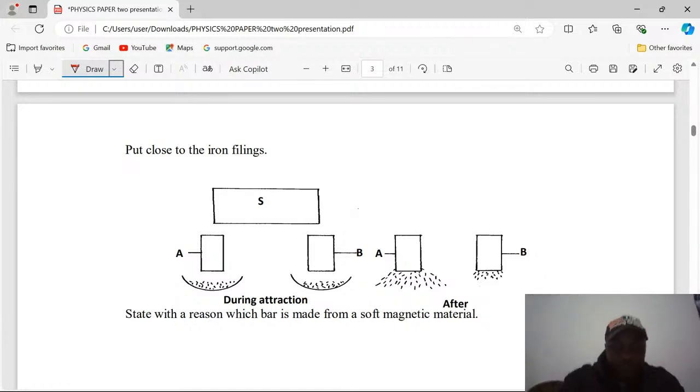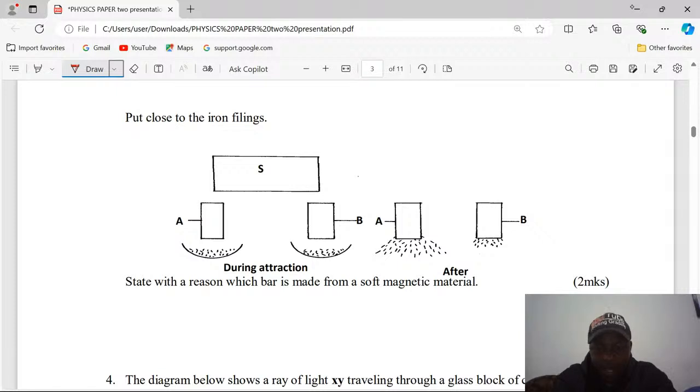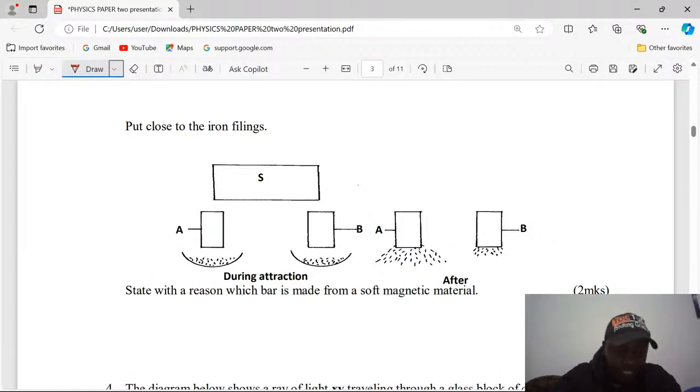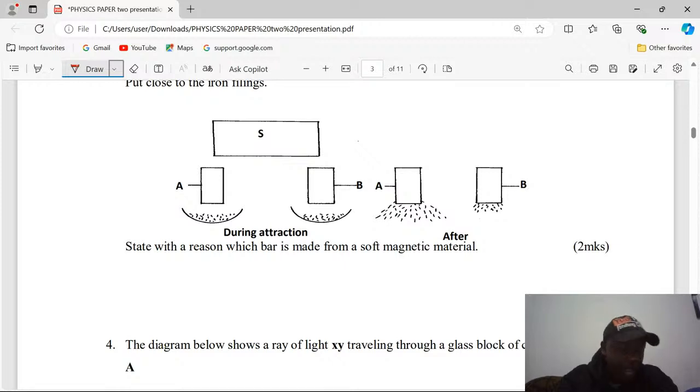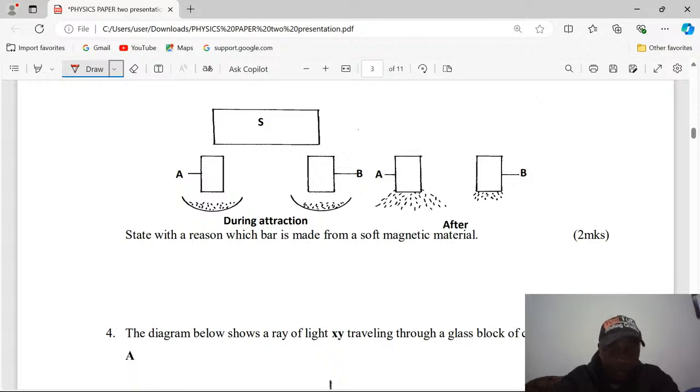Then the permanent magnet is removed from them, and after the experiment we have some iron filings which have been attached to them. State with a reason which bar is made from a soft magnetic material.